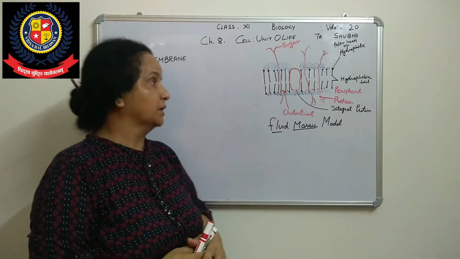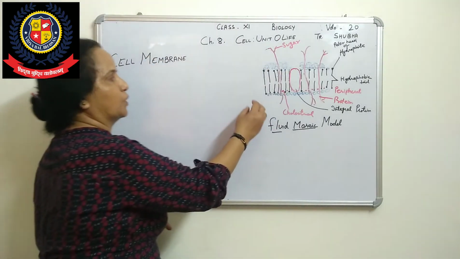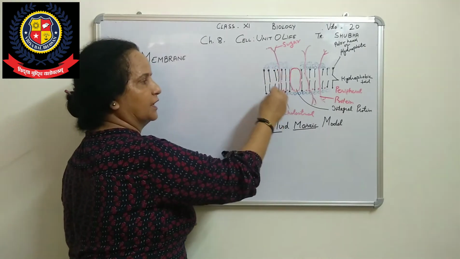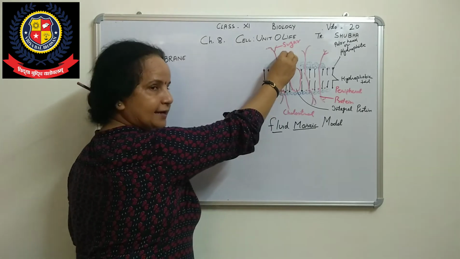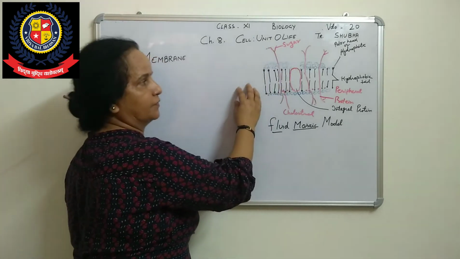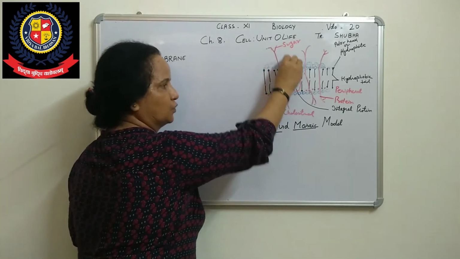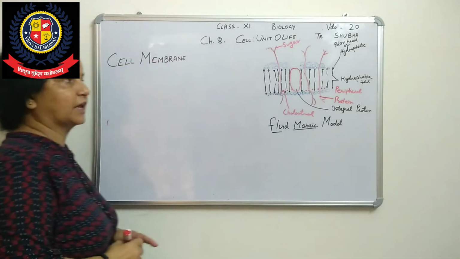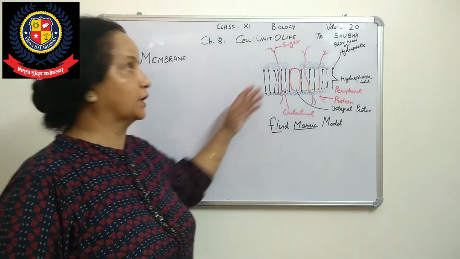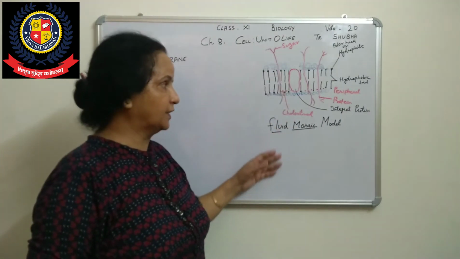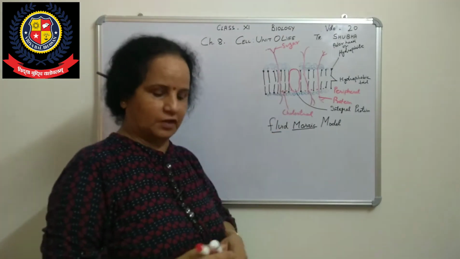Sometimes molecules have to cross the membrane to get inside the cell, or sometimes they have to cross from inside to outside. Not all molecules are allowed to get in and get out.